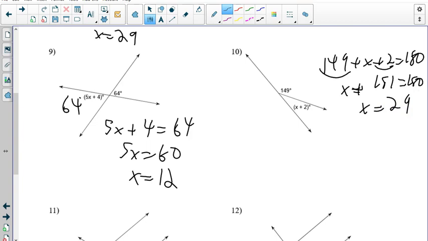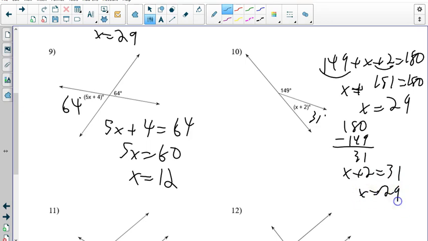Again, the other trick I showed you, which makes this 31, you could have just done 180 minus 149 and gotten that 31, and then said x plus 2 equals 31. X is 29. So there's more than one way to solve these problems.